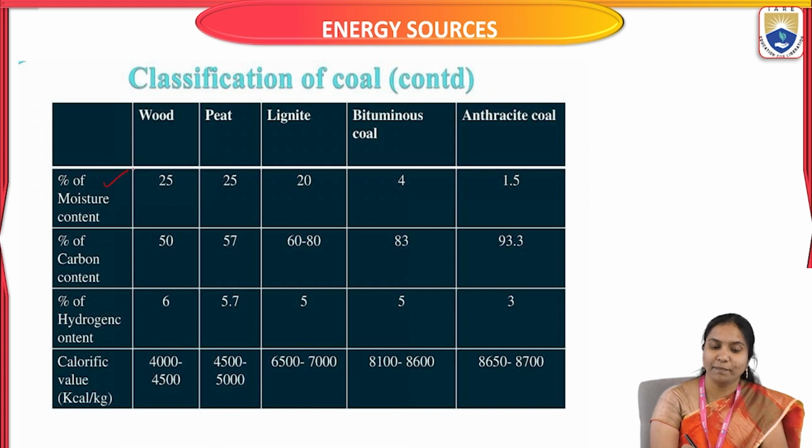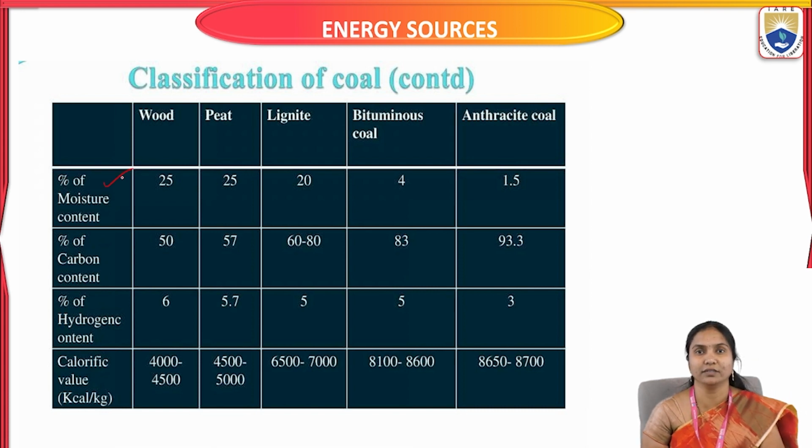The first one is the percentage of moisture content. This classification of coal is based on moisture content, carbon content, hydrogen content, and calorific value. Coal is classified into five forms: wood, peat, lignite, bituminous coal, and anthracite coal.